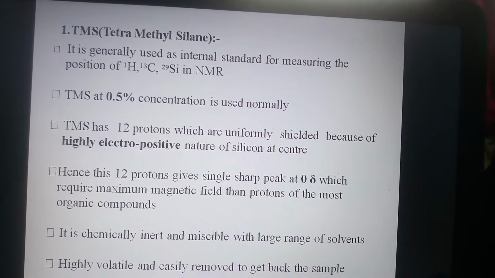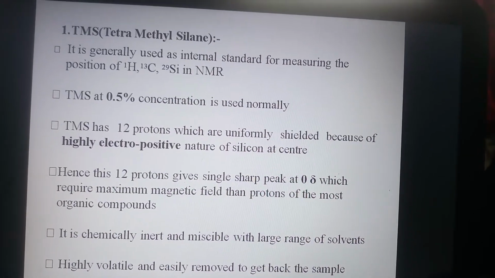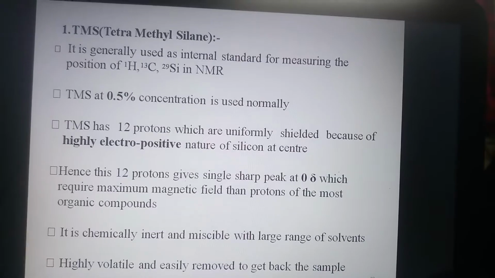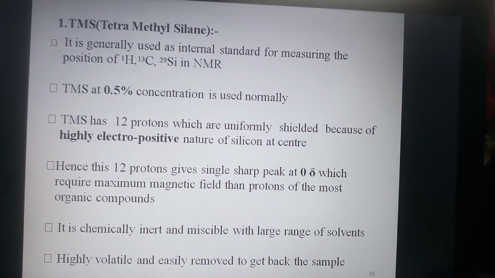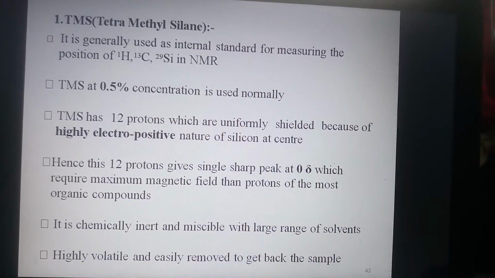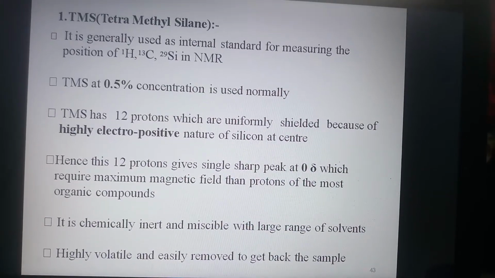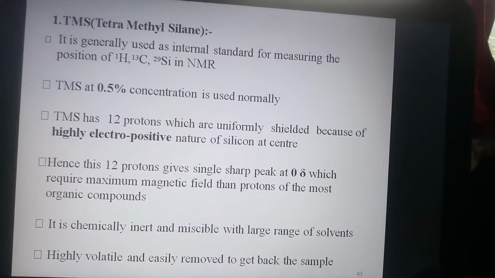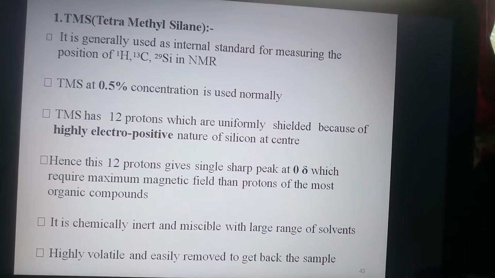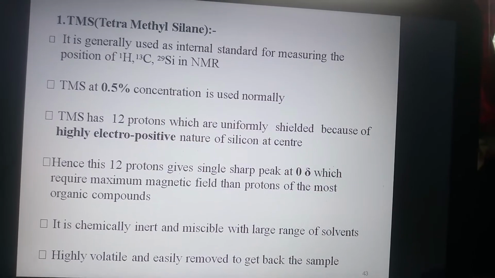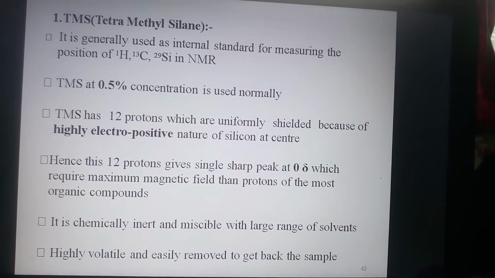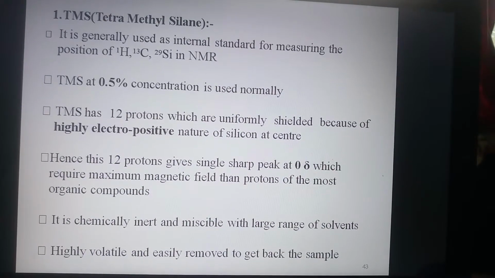TMS has 12 protons which are uniformly shielded because of the highly electropositive nature of silicon at the center. These 12 protons give a single sharp peak at 0 delta, which requires a higher magnetic field than the protons of most organic compounds.